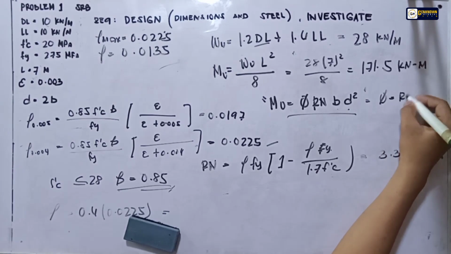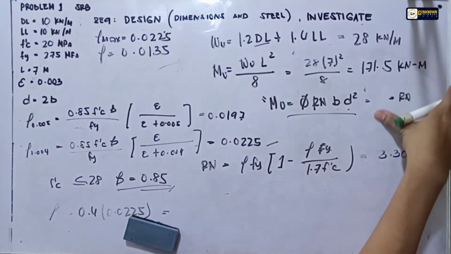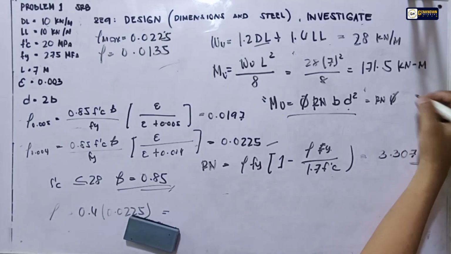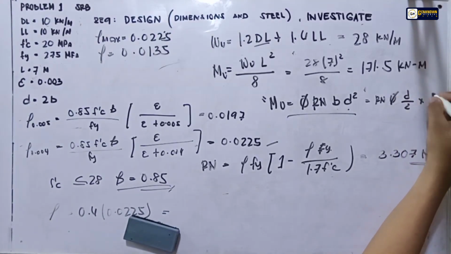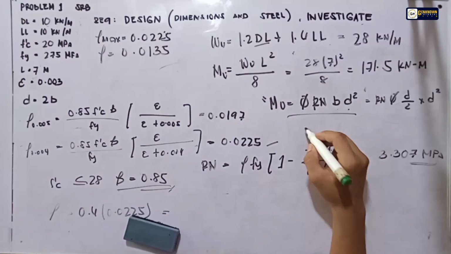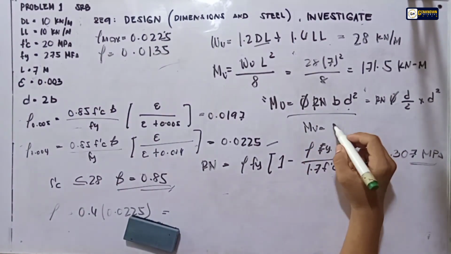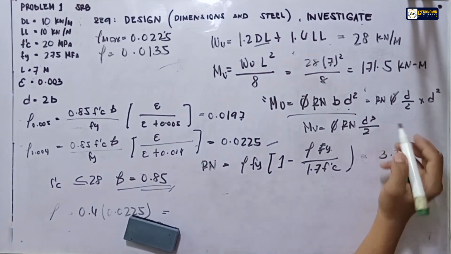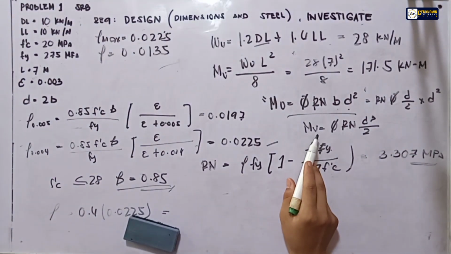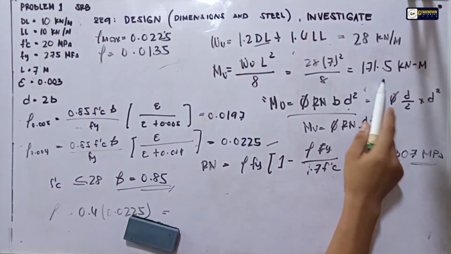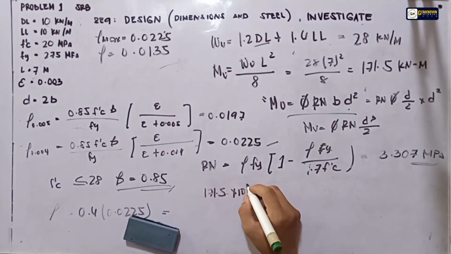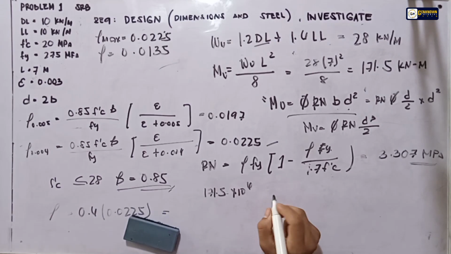So, Mu is equal to Rn phi, d over 2 multiplied by d squared, or the Mu is just equal to phi Rn d cubed over 2. So, solving for Mu, we have already solved it. We have 171.5 times 10 raised to 6, para maging Newton-mm siya.